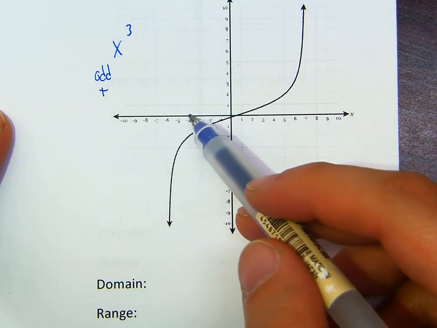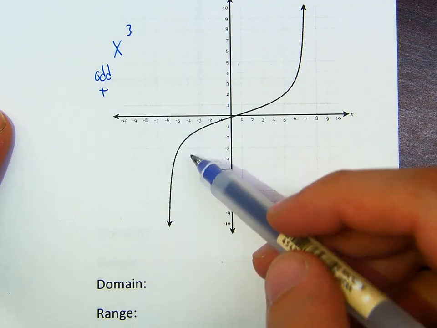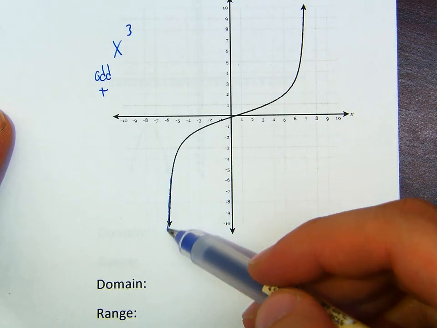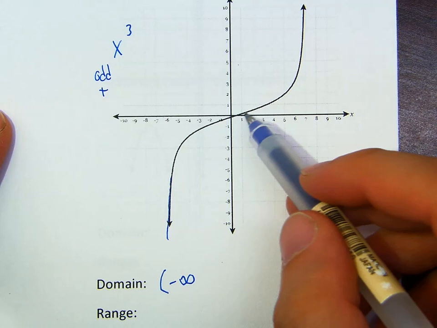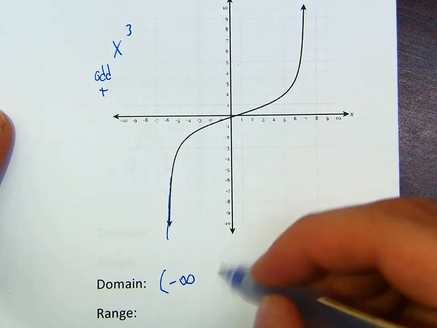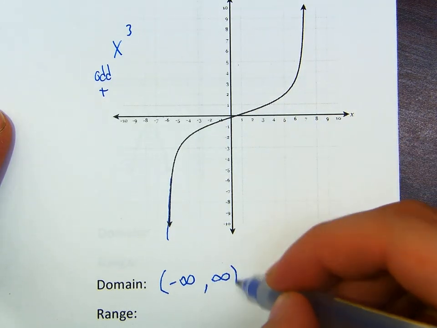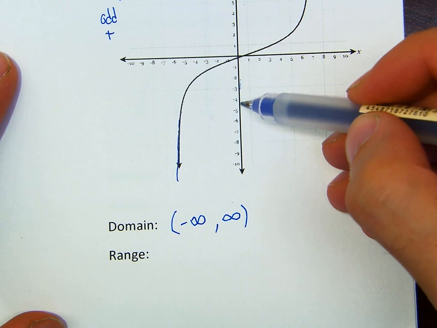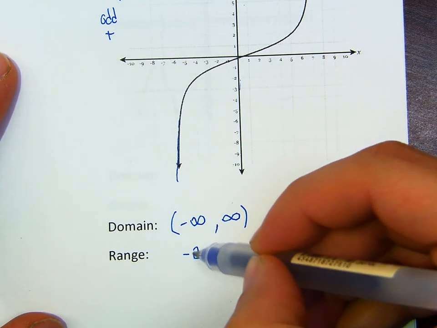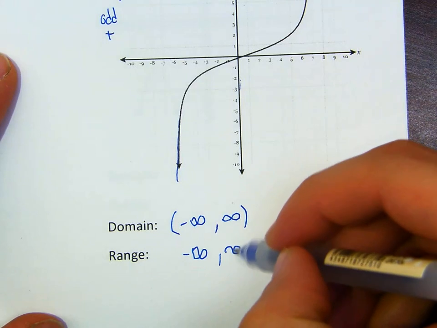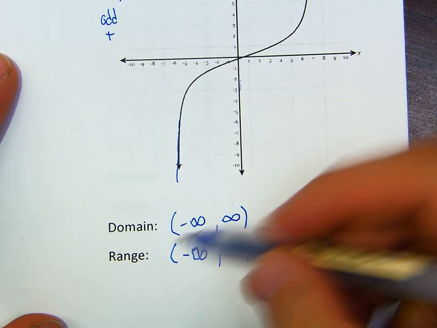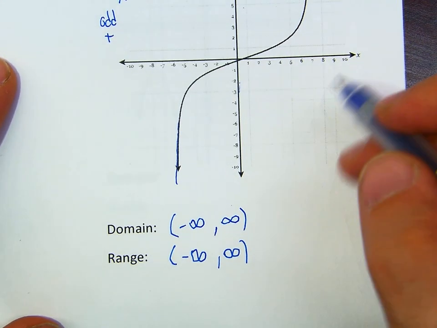It looks like I can go all the way to -infinity. How far right can I go? All the way to positive infinity. How far low can I go? All the way to -infinity. And how high can I go? All the way to positive infinity. So the domain and range is the set of all real numbers for this graph.